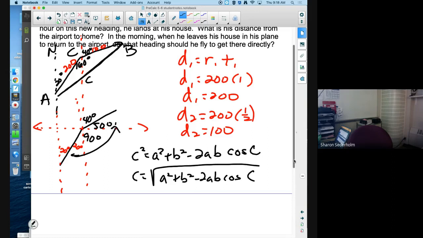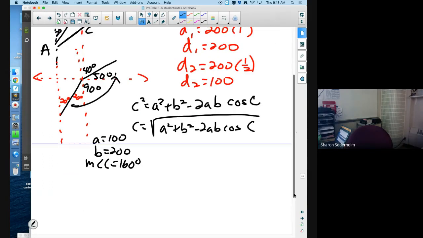And let's plug some numbers in. So let's see what we have here. We have a little a value of 100. We have a little b value of 200. And we have the measure of angle C at 160 degrees. And that's what we need for this formula.